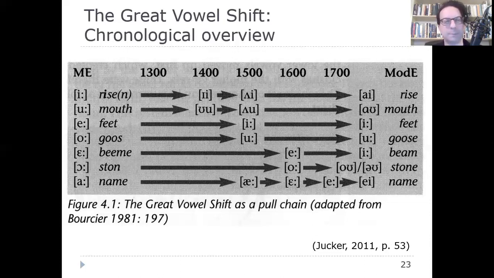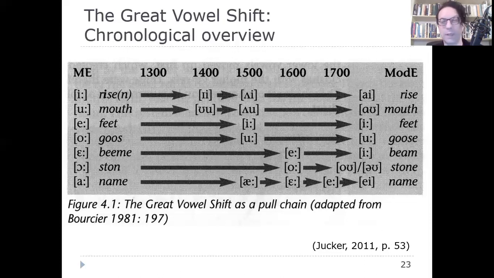Okay, but in Shakespeare's time, in almost all of these cases, we still had a different vowel, and that's what makes Shakespeare's vowels, the early modern English 1600 vowels, sound so different.